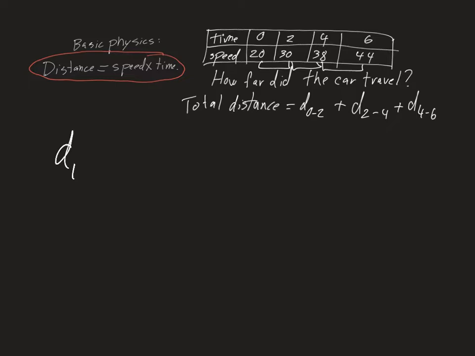So again, we are going to have the total distance here. And now we're going to have this first component here, which I'm going to show in a blue box. This is going to be equal to the speed. Our speed at the start was 20, times the time elapsed between 0 and 2 seconds is 2.